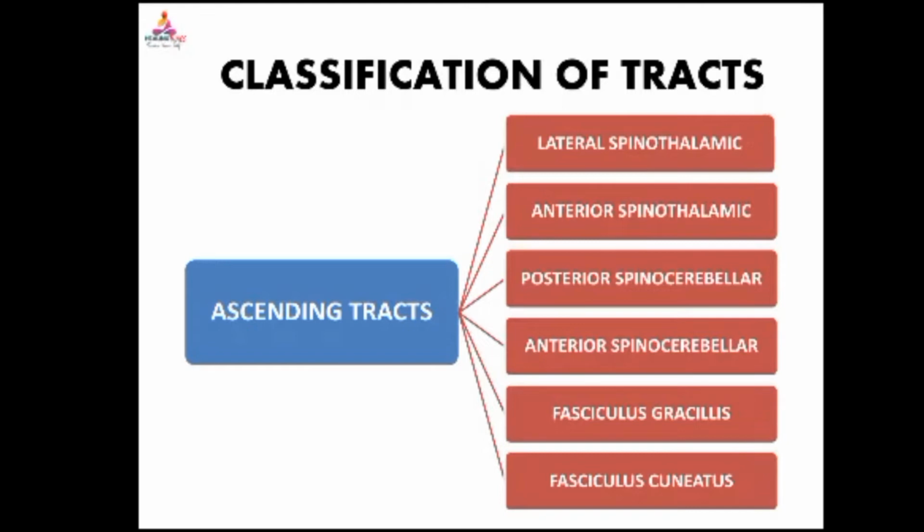Ascending tracts are mainly the spinothalamic tracts, that is, the lateral spinothalamic tract and anterior spinothalamic tract. Then spinocerebellar tracts, posterior spinocerebellar tract and anterior spinocerebellar tract. Then fasciculus gracilis and fasciculus cuneatus.